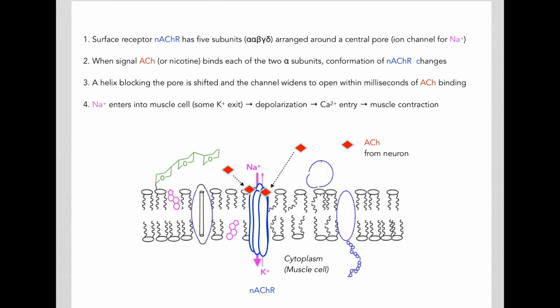So that's the basic concept of a ligand-gated ion channel receptor. So the receptor has a binding site for the ligand, for the signal, and has an ion channel that can open and close depending on whether the signal is bound or not.